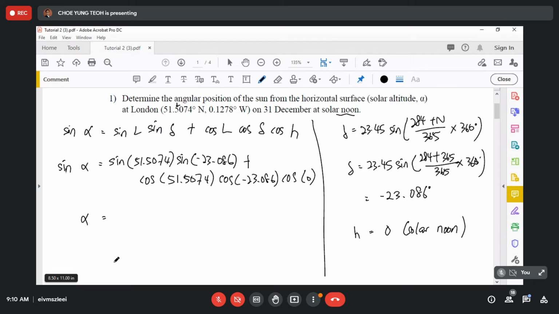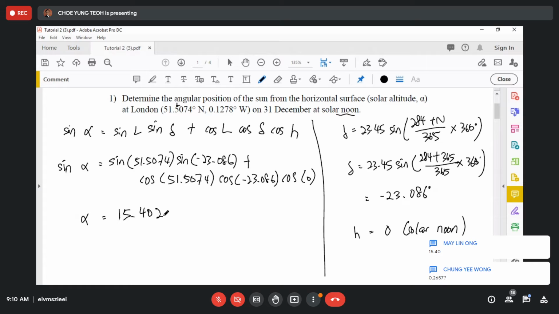Share your answer if you get it, because I cannot see your progress. I don't know if you have done the calculation or not. 15.4026. How about the rest? Yes, okay, same answer.